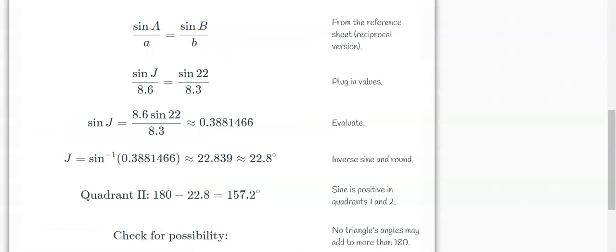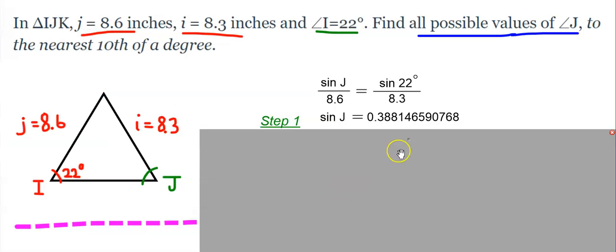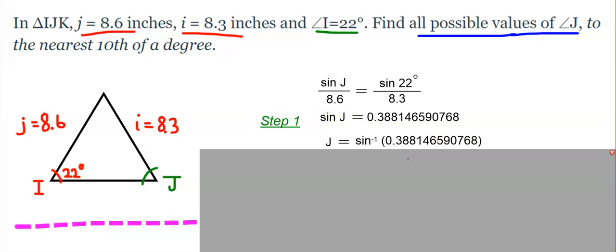So you would type this in your Desmos to get the calculation, and you get this decimal number. Make sure that you don't round it in the middle of the problem. You don't round until you get to the final result of what you're looking for. Going back to our problem, J is still stuck in some sine function, so we have to apply the inverse sine function.